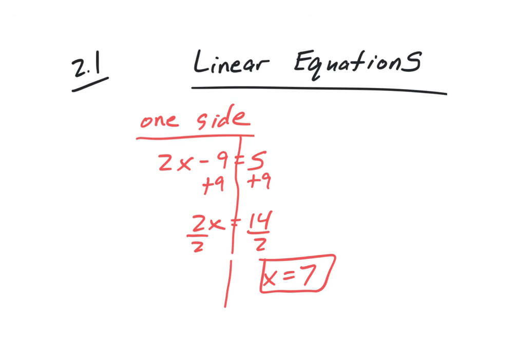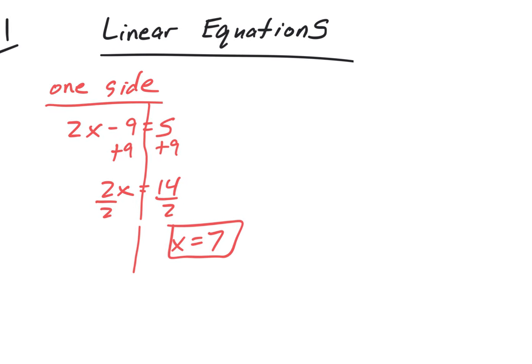But if you do check it, then you get that feedback that everything's good, everything works. We could also have one like this where we get something like this. It doesn't matter if the t or the x or the y or whatever variable we have is on the left or the right, okay?